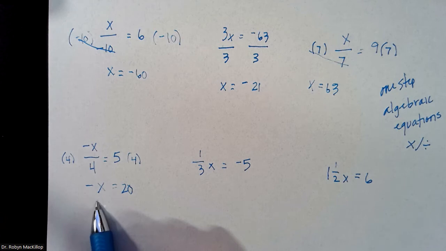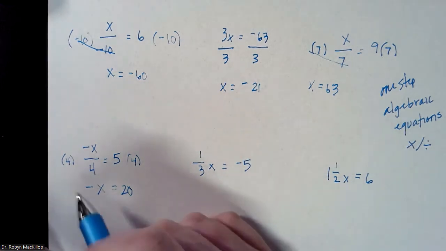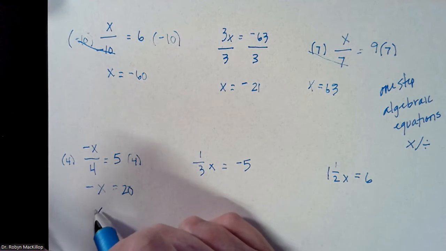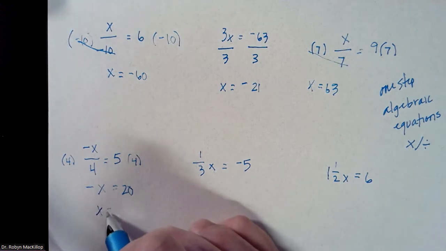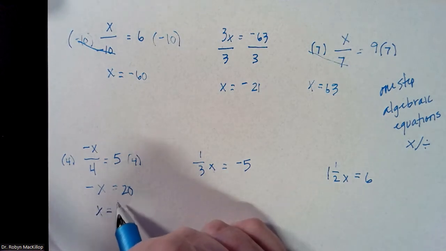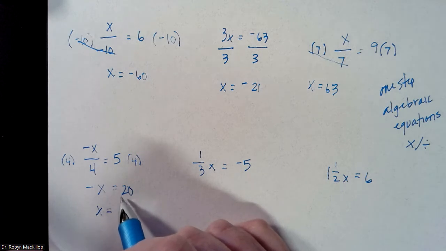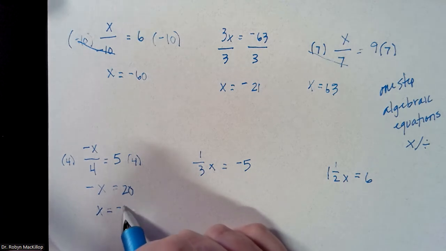None of our answers, especially on GED, are going to give you a negative variable. So you can alter the equation. You're going to flip the x to positive, which means you're going to flip the number opposite of what it is. Currently, it is positive. We're going to make it negative.